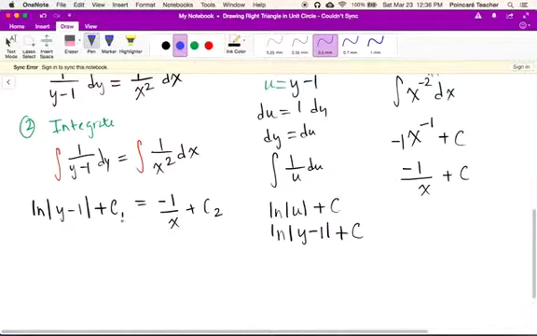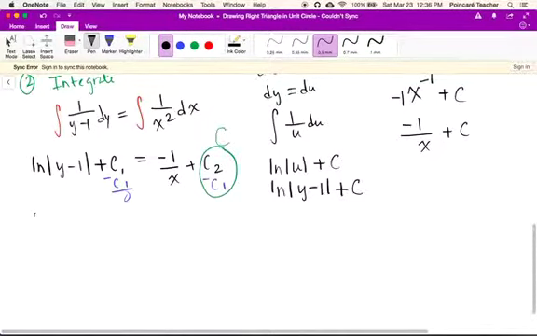And just like the previous one, these two are just going to become one constant. So we're just going to chunk them together. This is going to be just one big c. So we'll have so far ln of y minus 1 equal to negative 1 over x plus c.